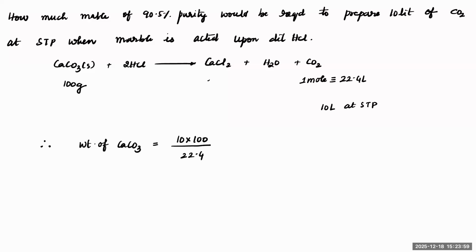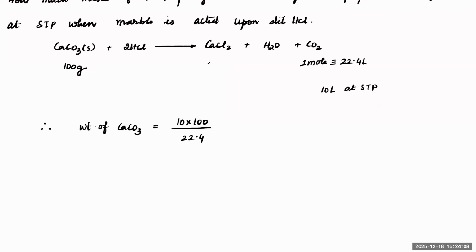These are called direct proportions. I'm sure you have learned in maths, isn't it? So from here, I will get this as around 44.64 grams. This is the weight of calcium carbonate.